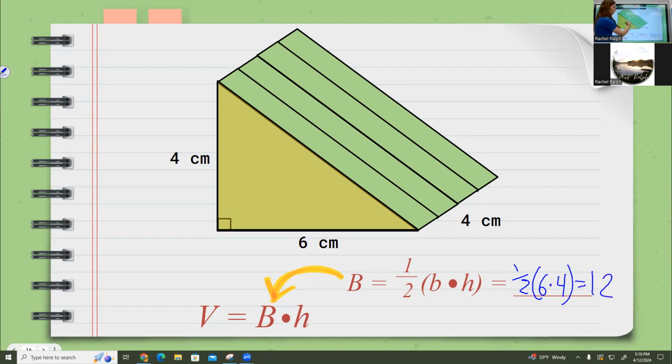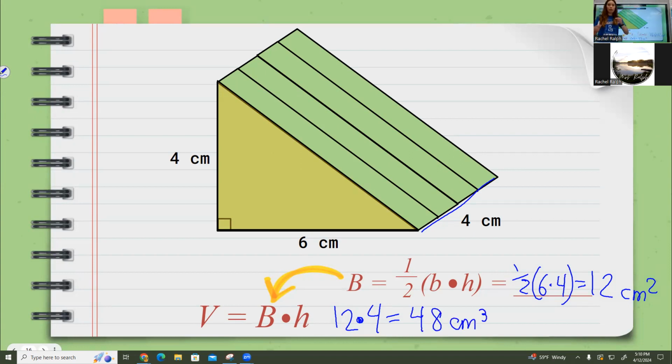So the area of our base is 12 centimeters squared. So if I'm finding the volume, I've got 12 centimeters squared, B, times my height of 4 centimeters. 12 times 4 is 48 centimeters cubed.